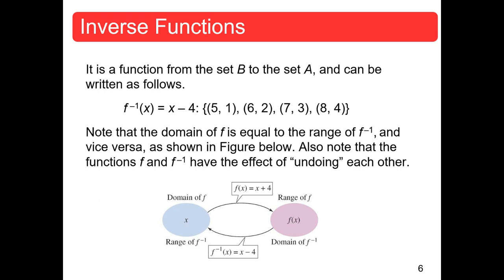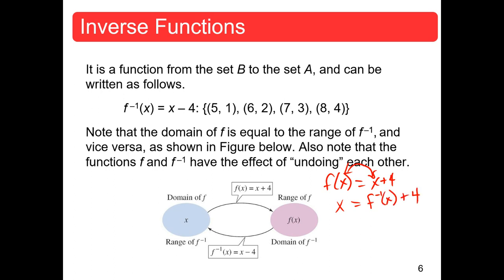Now, the other thing I wanted to point out is how to algebraically solve to find the inverse of a function. So if we know that f of x is x plus 4, if I wanted to solve this algebraically to find the inverse of the function, I am literally going to trade the places of x and f of x. So this will become x, and I'm going to call it f to the -1 of x, by the way.